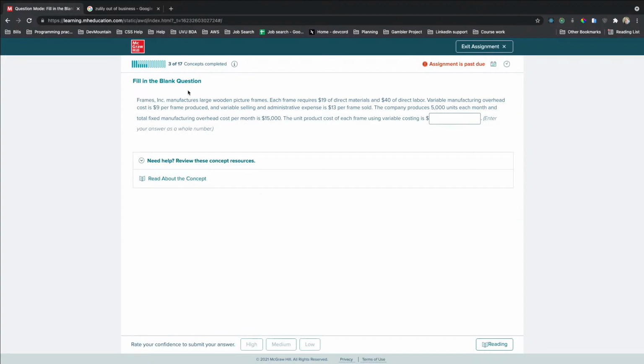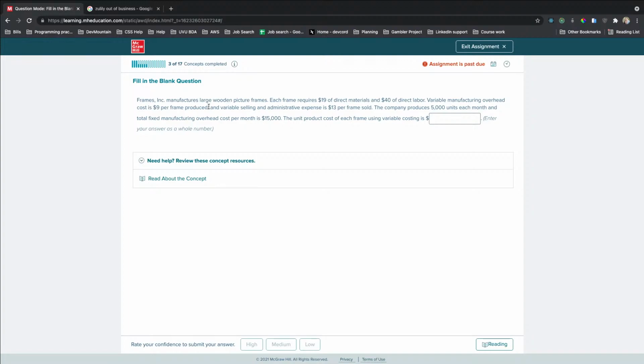Frames Incorporated manufactures large wooden picture frames requiring $19 of direct materials, $40 of direct labor, and variable manufacturing overhead of $9, and let's add that up. 68 and 13.